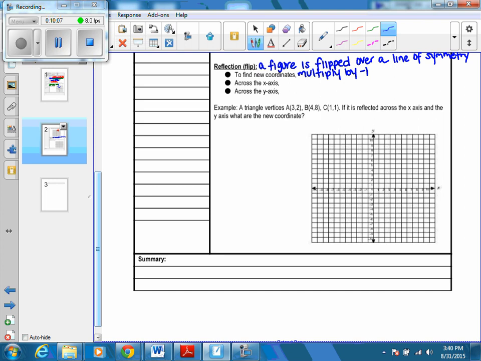If we want to reflect something across the x-axis, we have to multiply the y-coordinate by -1. All right, if we want to reflect something across the y-axis, we have to multiply the x-coordinate by -1.